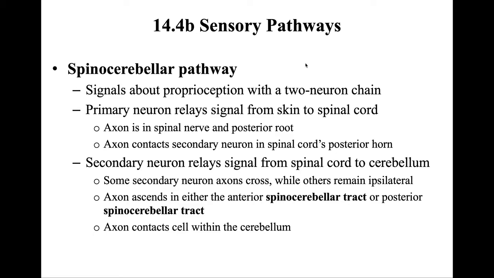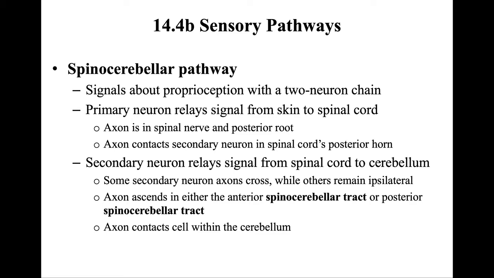Okay, here's another one you need to know by name. This one's called the spinocerebellar tract. I don't care about memorizing all of this on the slide, but you do need to know that spinocerebellar is a sensory tract. Where do you think it goes to by its very name? It goes to the cerebellum. What kind of information do you think the cerebellum is getting through this?